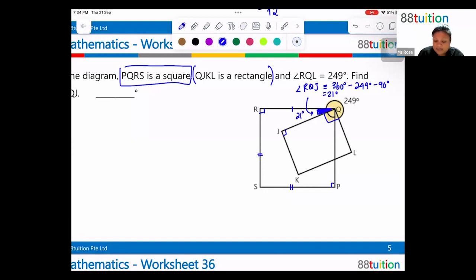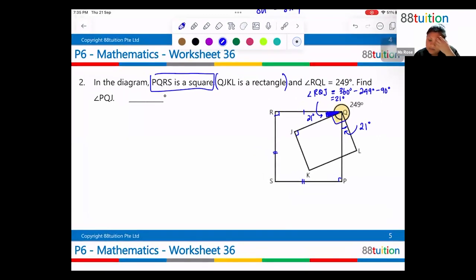So that makes this angle here also 21 degrees. Now, with that, you want to find angle PQJ. Angle PQJ would just be 90 minus 21 degrees to give you 69. Okay, so that's your 69 degrees.